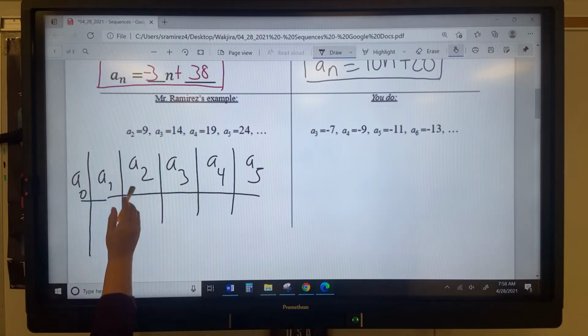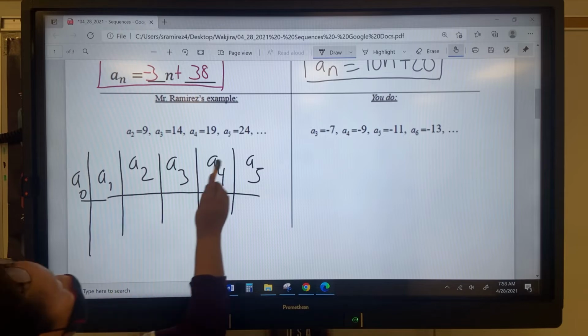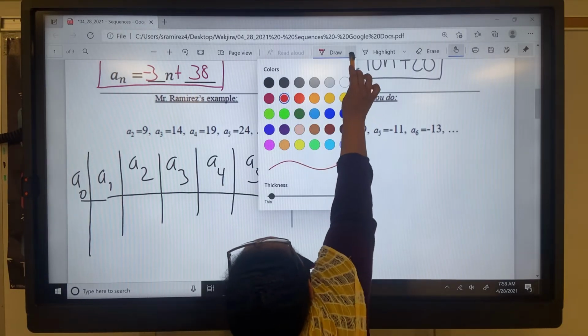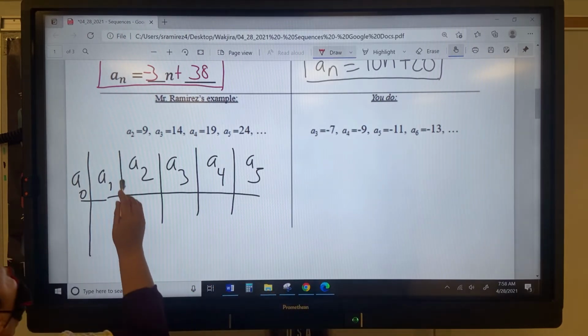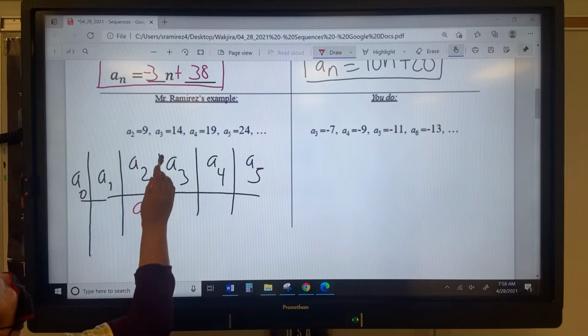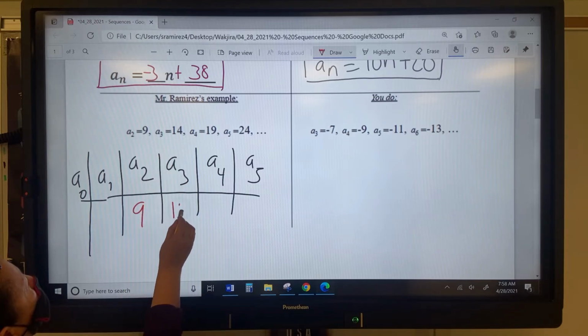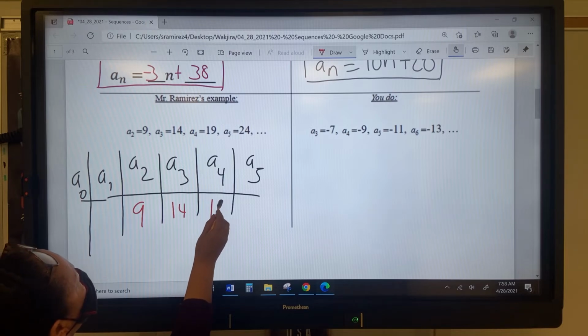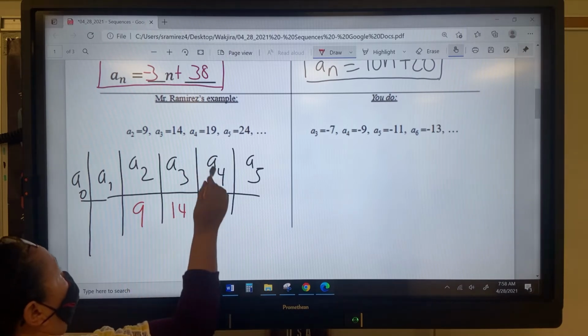So a sub 2 is 9. It is already given here. A sub 3 is 14. A sub 4 is 19. A sub 5 is 24.